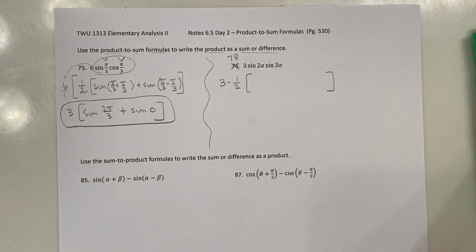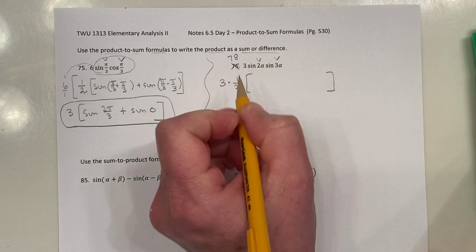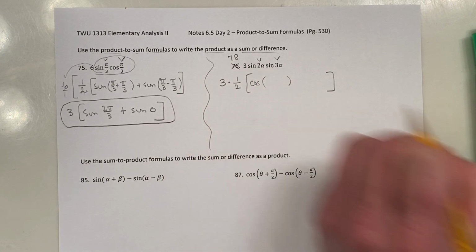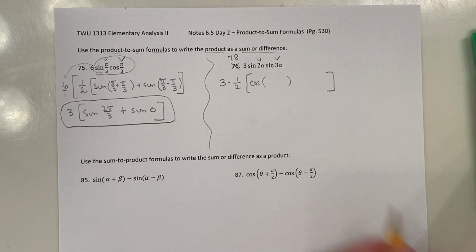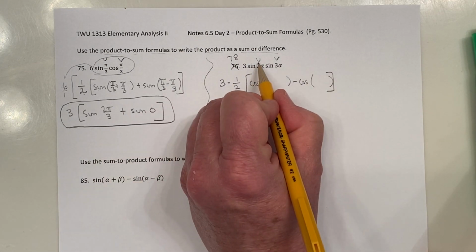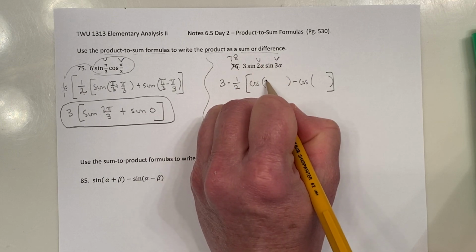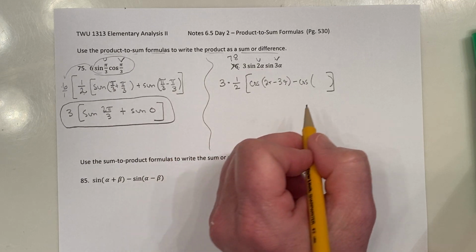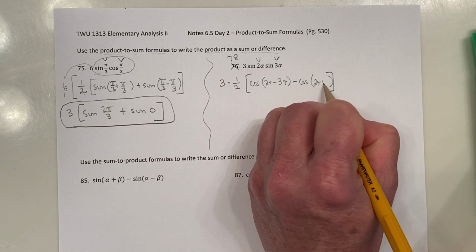So cosine of u minus v, this is u and this is v. Cosine of a difference minus cosine of a sum. So u minus v is 2 alpha minus 3 alpha, and then 2 alpha plus 3 alpha.